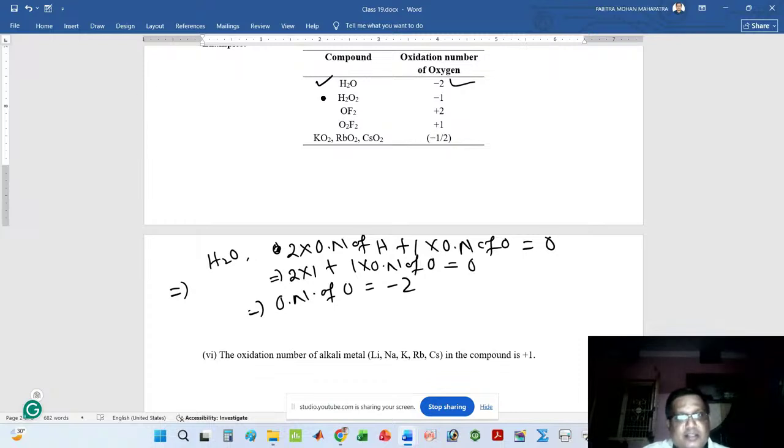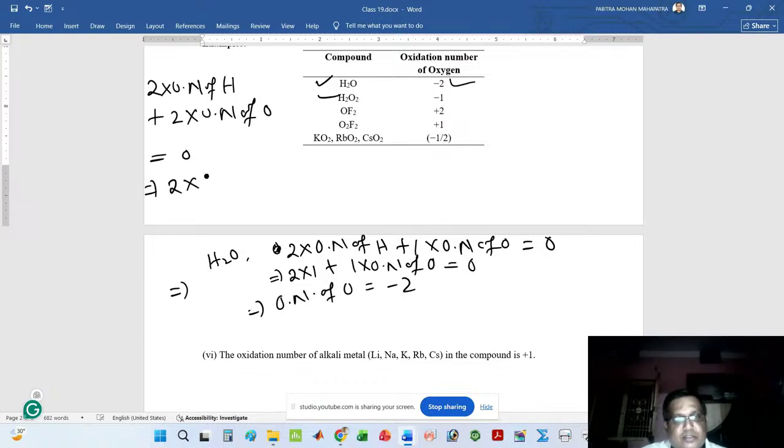In water molecule, the oxidation number of oxygen is your minus 2. Let me explain in case of hydrogen peroxide. Here for hydrogen peroxide, we can write 2 into oxidation number of hydrogen plus 2 into oxidation number of oxygen is equal to 0. Here I can write 2 into oxidation number of hydrogen, means here plus 1, plus 2 into oxidation number of oxygen, our target to find out, is equal to 0.